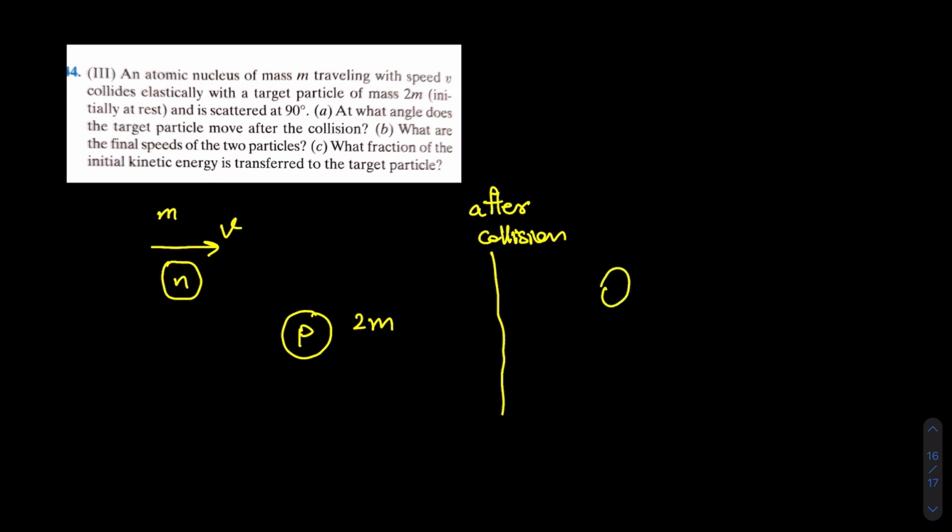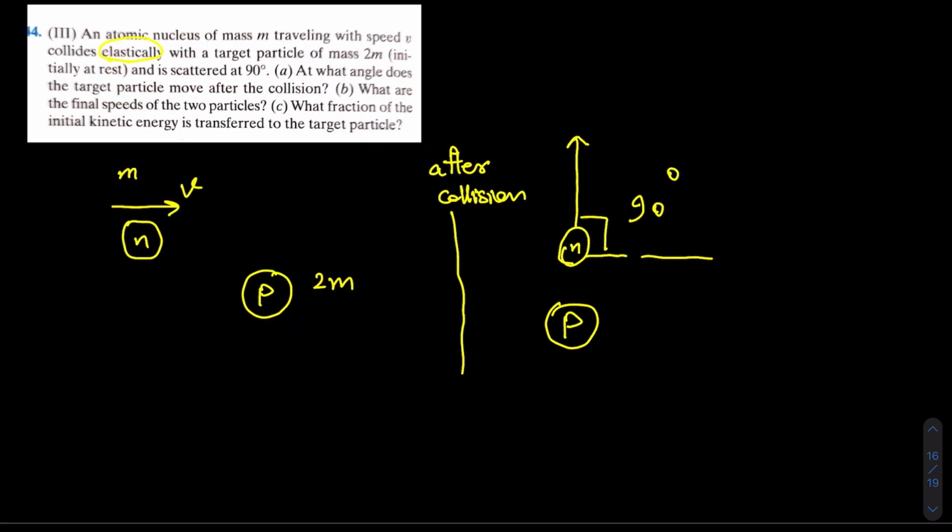the nucleus, it said, is scattered at 90 degrees. It goes vertically upward, with respect to the horizon, 90 degrees. And particle P must also move towards down, because if the nucleus is going up, this P should go down, but we don't know at what angle.